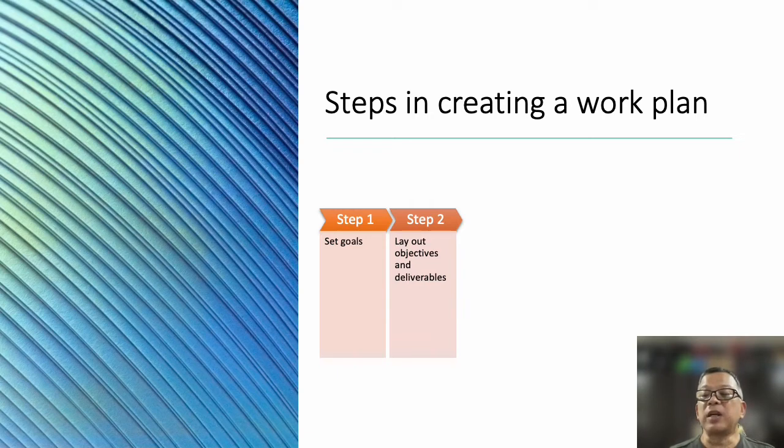Be very clear on the output or the deliverable at the end. Once you execute everything, what do you produce in the end? Are you producing a new process? Are you coming up with a new piece of software? Are you delivering a new policy? Be very, very clear on what your initiative will be producing as an outcome.